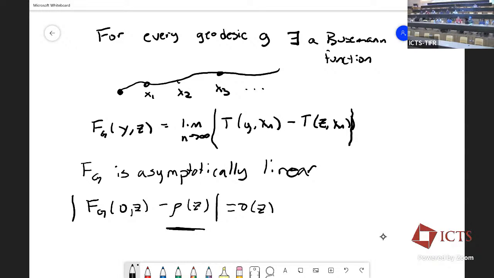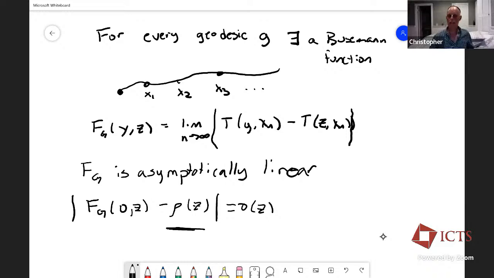Chris? Yeah. So are these Busemann functions stationary or not? So yes, they are stationary. Although I said something, so what is the right thing to say?